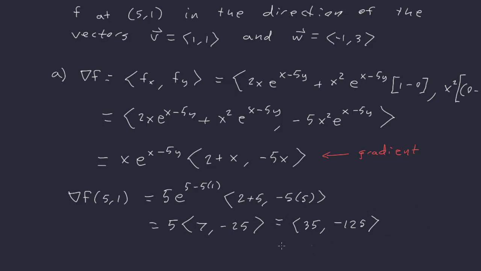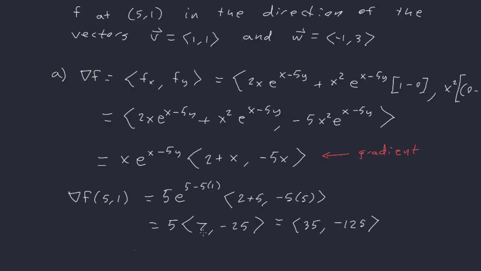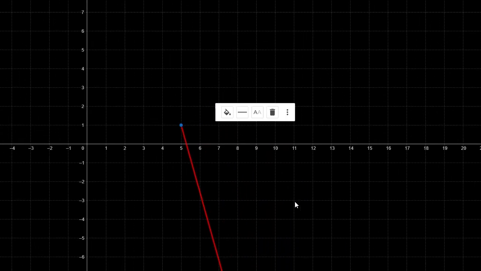Okay, which is going to be, well, that's a very large vector. So on the graph here, if this is the point (5, 1), here's the gradient, which makes some sense. We're talking about 35 and negative 125, so it's a very, very high magnitude for the vector.